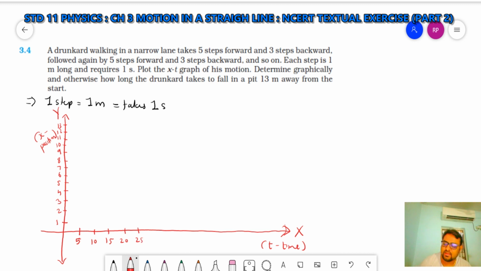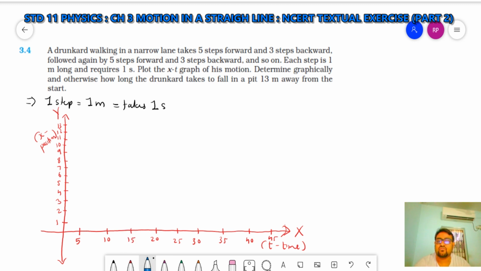Let me have a wider space. 5, 10, 15, 20, 25, 30, 35, 40, 45.